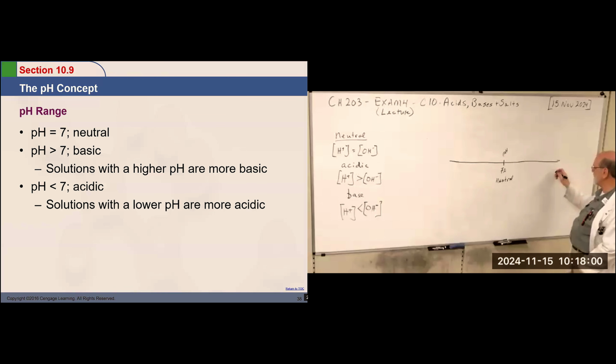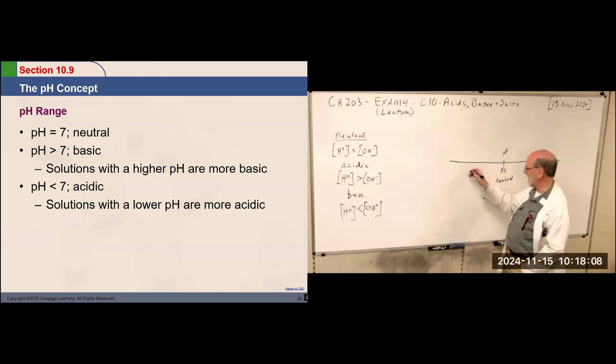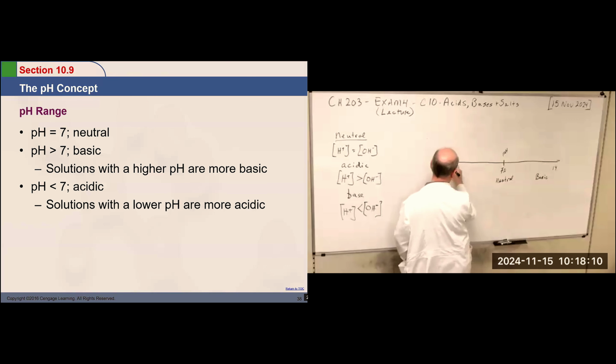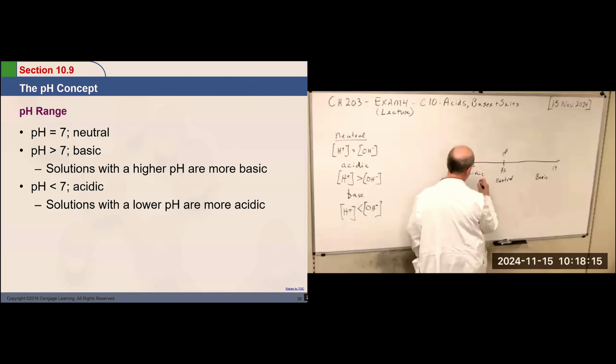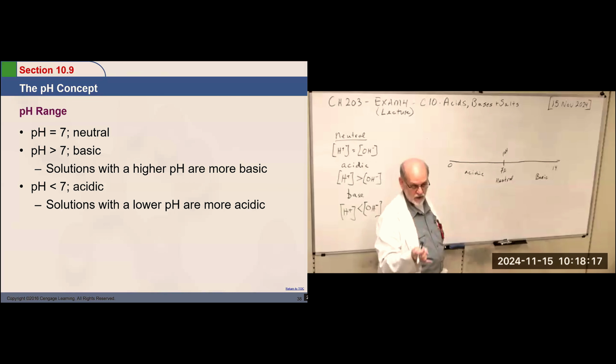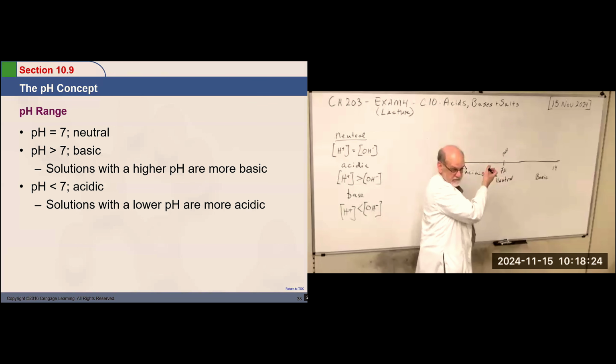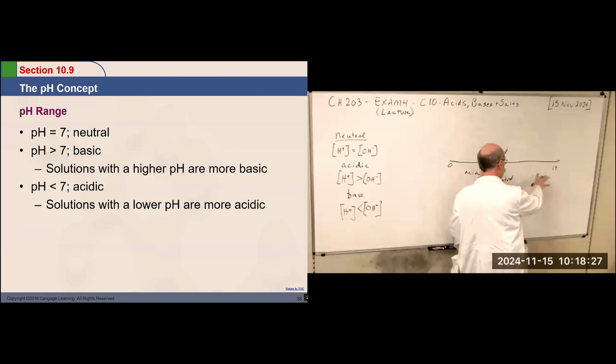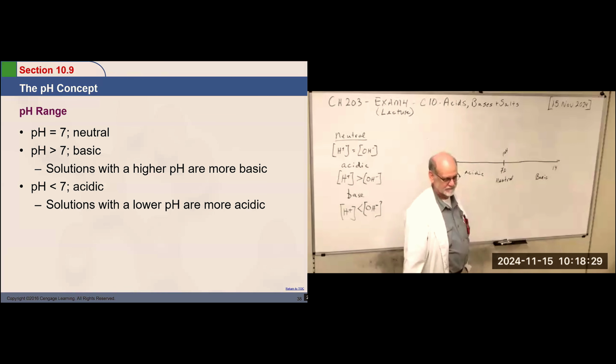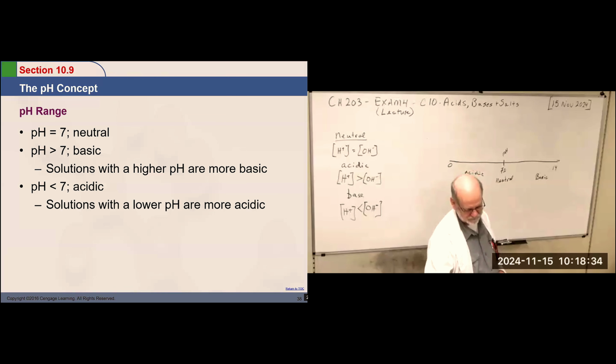So we can go up to, say, 14. We're going to stretch it. This is basic. If we go less than that, down to, say, 0, then this is acidic. Why? Because it's not only logarithmic, but we introduce that negative sign. And the negative sign causes it to flip. So the bigger the pH, the more basic. The smaller the pH, the more acidic.